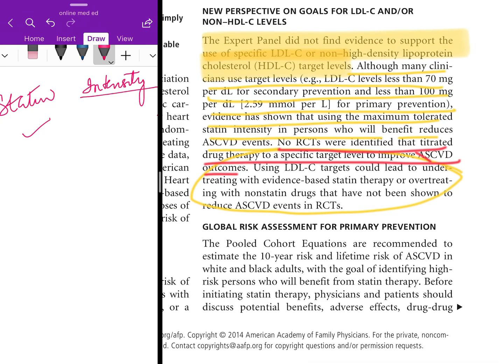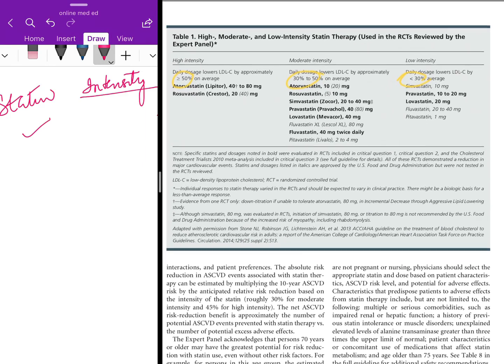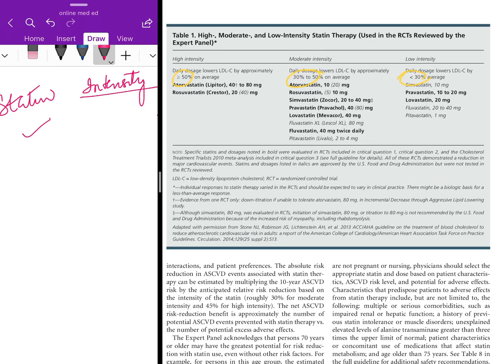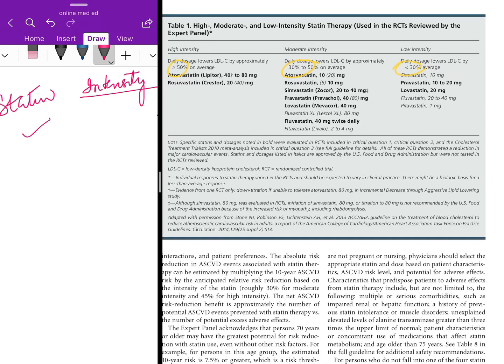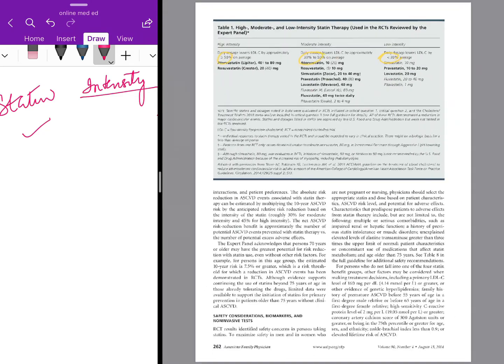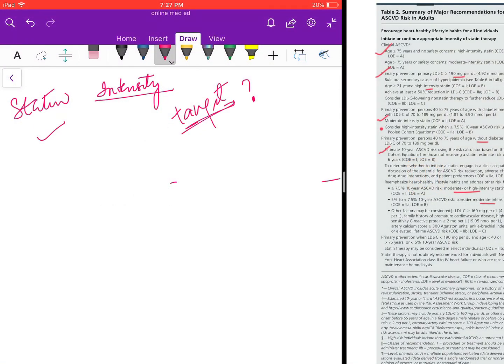So instead of this, what you're going to target your therapy is based on the percentage decrease in LDL levels from baseline, based on what intensity you start him on. So now let's look at what the guidelines are for deciding what intensity to use in each of our populations.